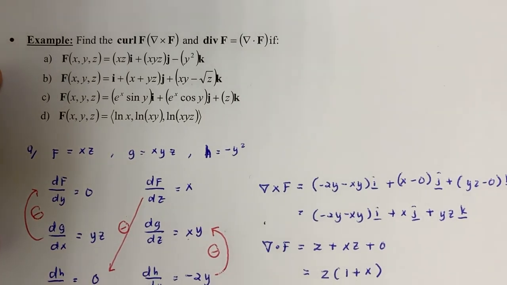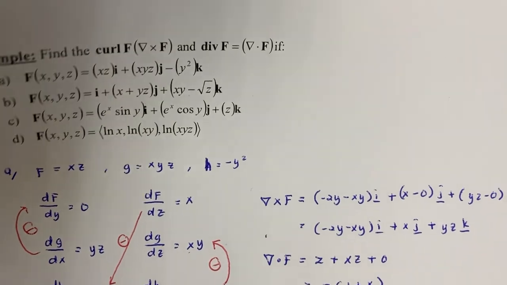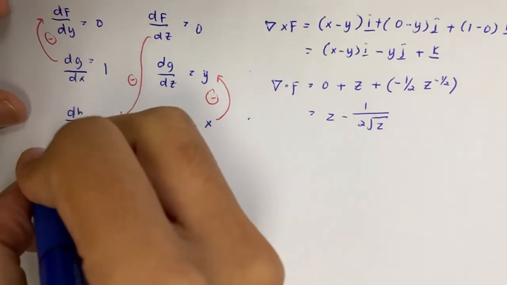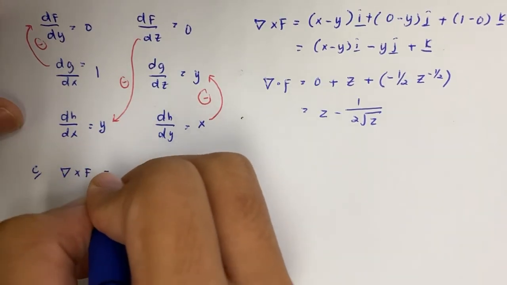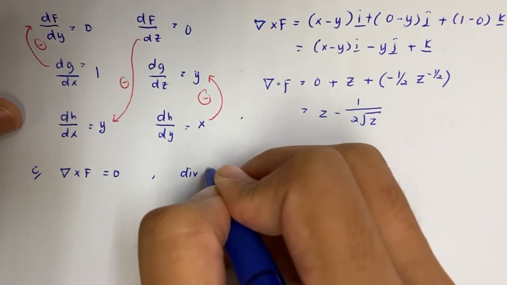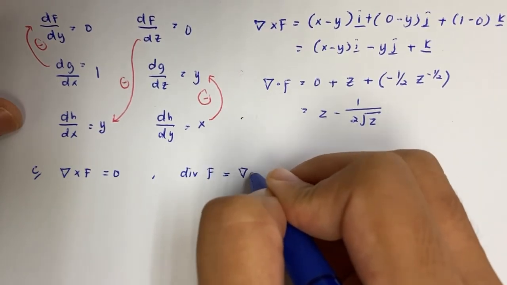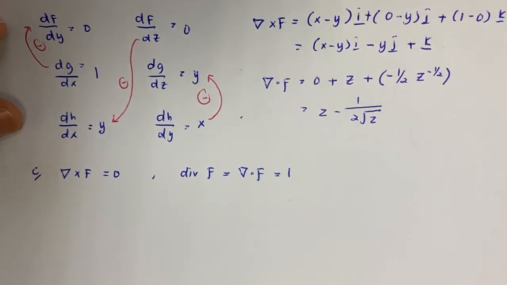You can proceed with C and D. Try to do C and D. The final answer for C: the curl is equal to 0, and the divergence, or the dot product of F, is equal to 1.